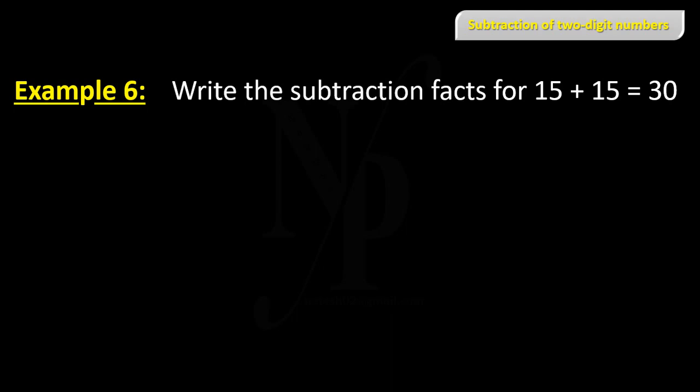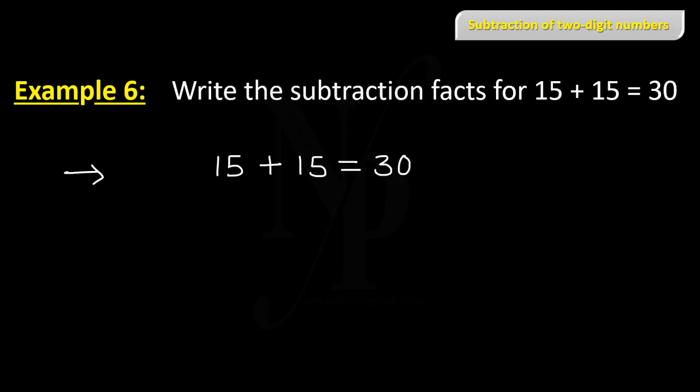Example number 6. Write the subtraction facts for 15 plus 15 is equal to 30. Here I will write down the given addition fact as it is. 15 plus 15 is equal to 30.